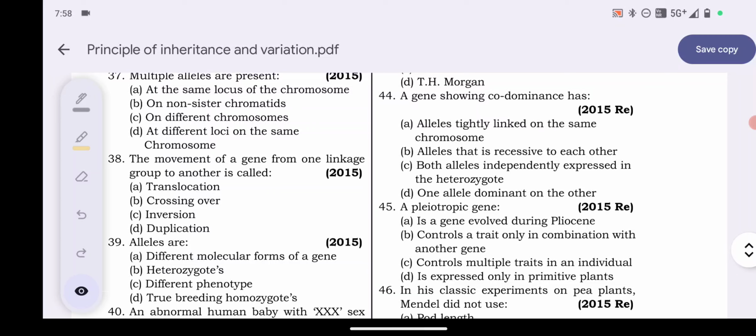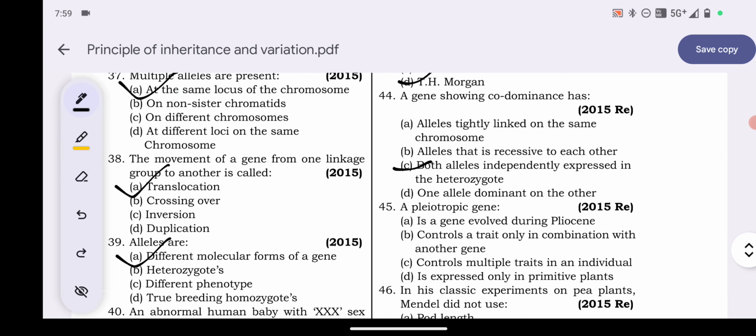So here, a gene showing codominance has, which one is the answer? Option C, both alleles independently expressed in the heterozygote. Okay, explanation: the alleles which do not show a dominant-recessive relationship and are able to express themselves independently and equally when present together, that is called codominance.